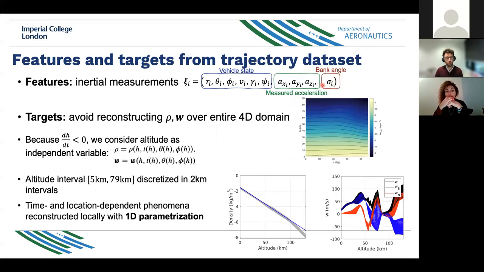So if you use a different control law, then you will have a different bank angle history in general. Hopefully it will be similar, but yes, the training depends also on this particular predictor-corrector algorithm for the trajectory.